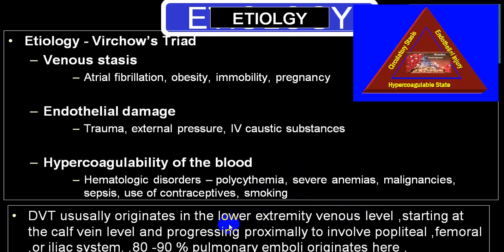As we have told you, deep vein thrombosis very commonly starts in the lower extremities, mainly the calf muscle, and then progresses proximally to involve the popliteal, femoral, iliac system, and may end up in pulmonary embolism in almost 80 to 90%.